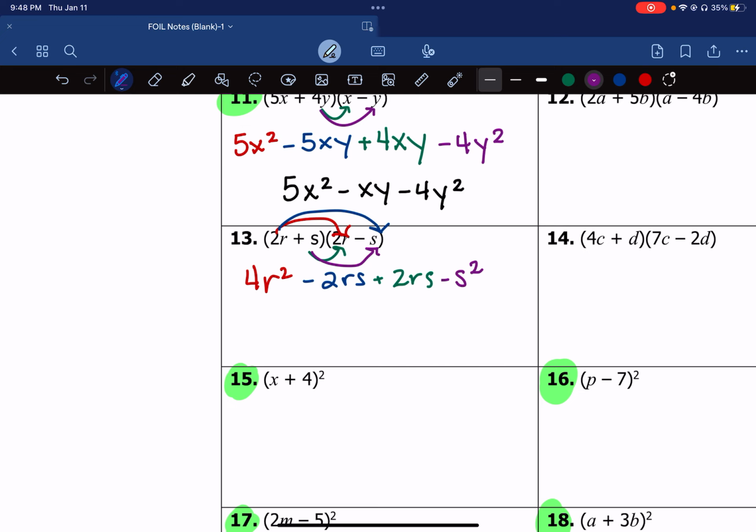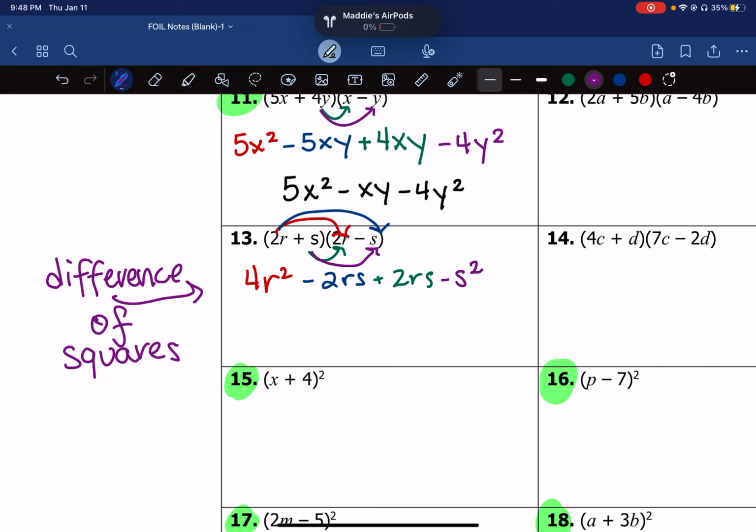This is what we call a difference of squares, all right? Now, we call it that, remember, difference. Oh, my AirPod just died, but that's okay. Remember, difference means subtract, and we're subtracting squares.